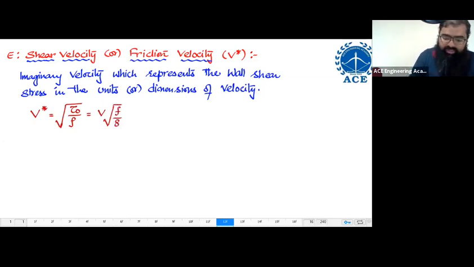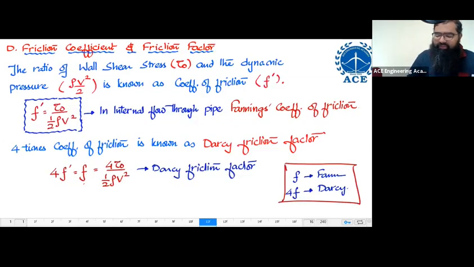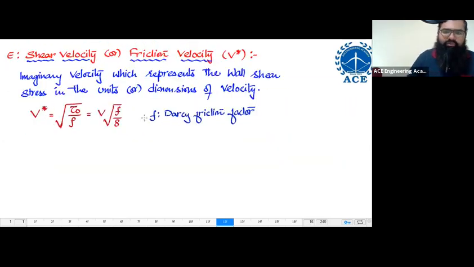My convention, as I told you previously, is that F here is the Darcy friction factor. Those who have a habit of writing Darcy friction factor as 4F, whenever I write F, you write 4F.